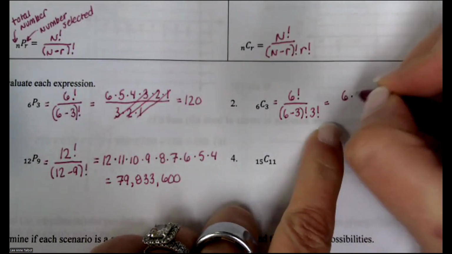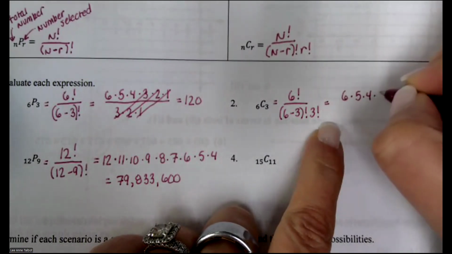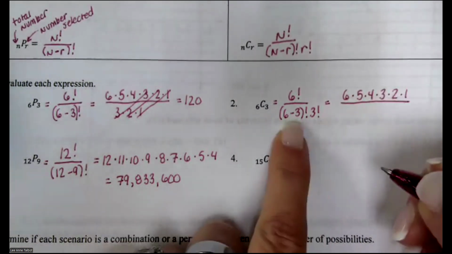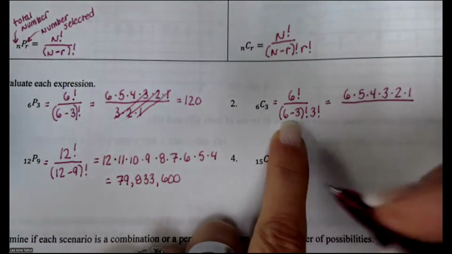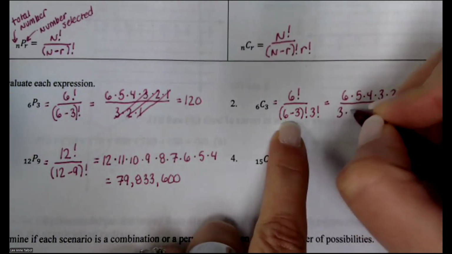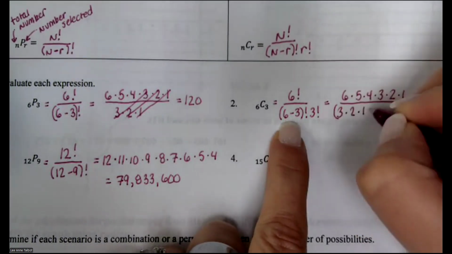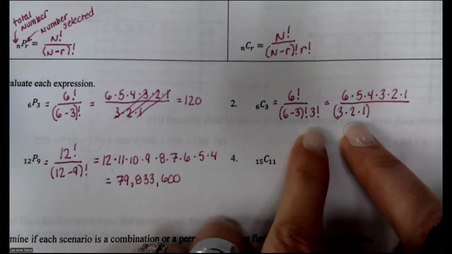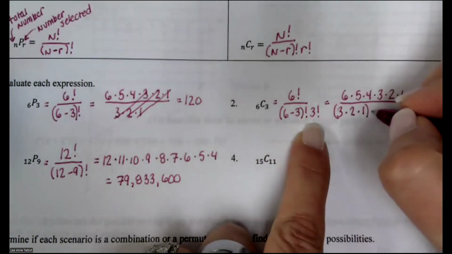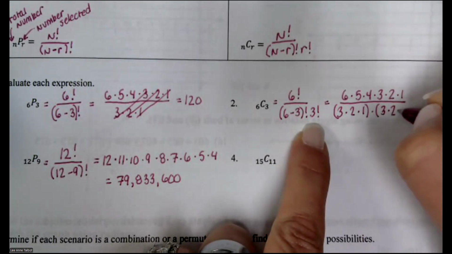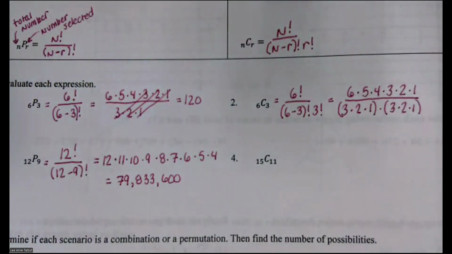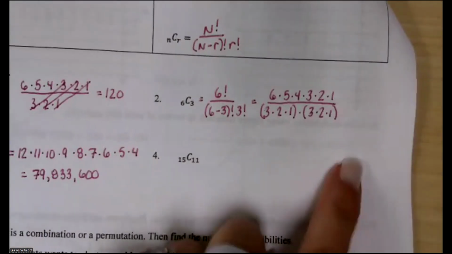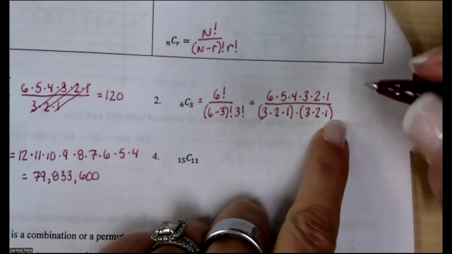So 6 times 5 times 4 times 3 times 2 times 1. Okay, this guy right here is 3 times 2 times 1. I'm going to put him in parentheses just so you can see the difference between this one. Okay, now I'm going to do some clever canceling.